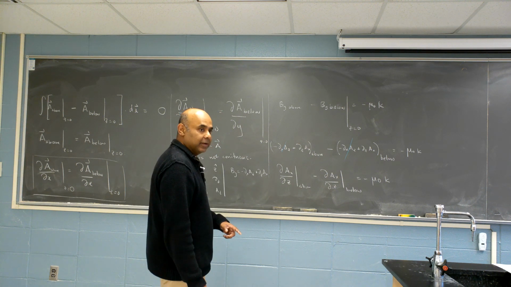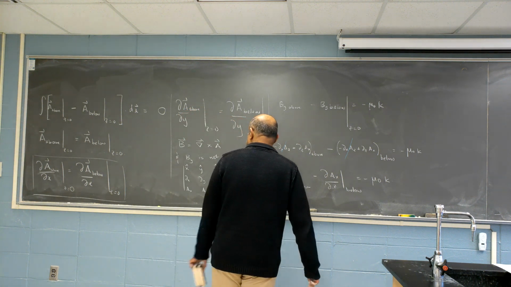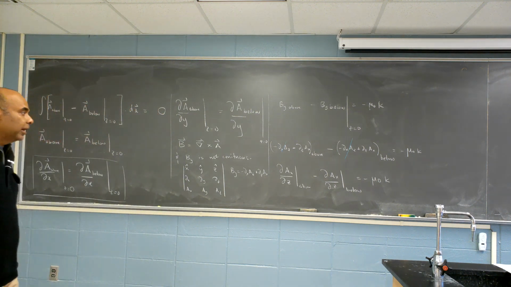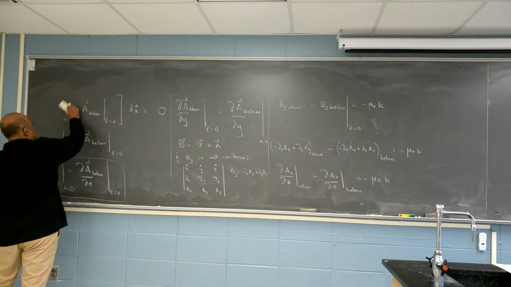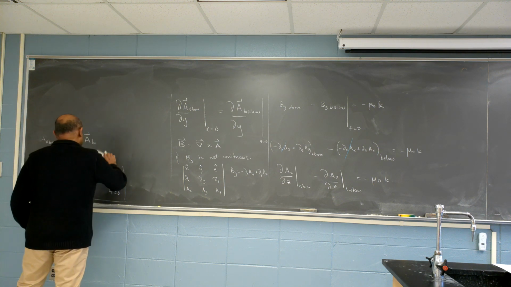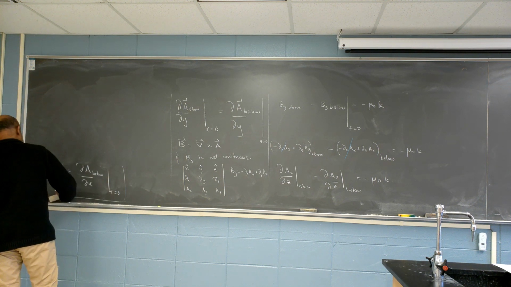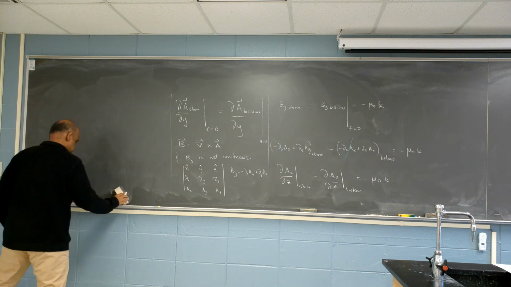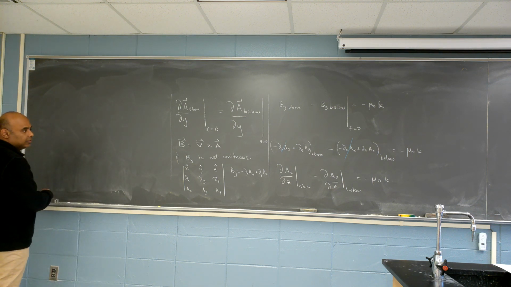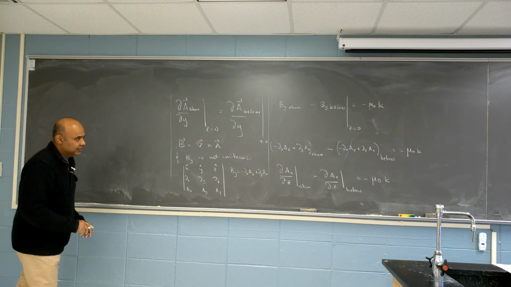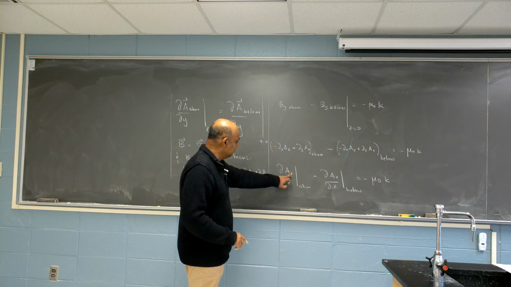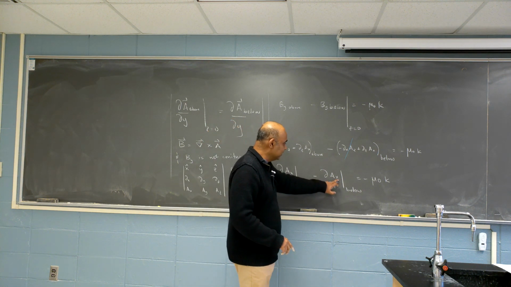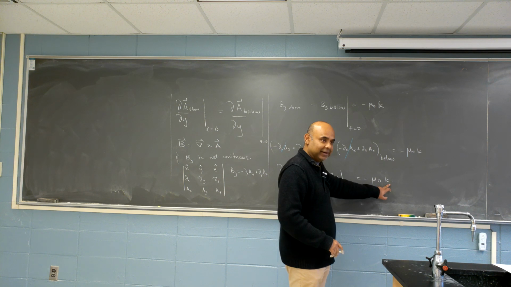I want to make a vector equation out of this. Lack of space on the board, I keep erasing. Are we good so far on this board? Look, first of all, this is x direction, this is x direction, k is in the x direction.